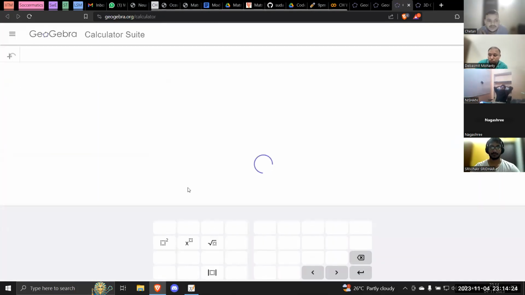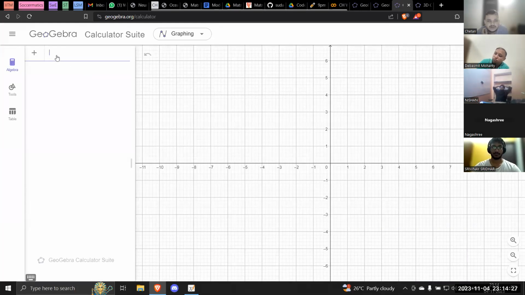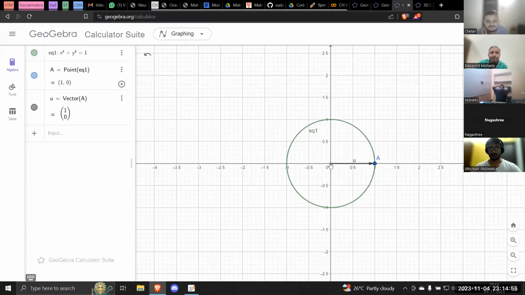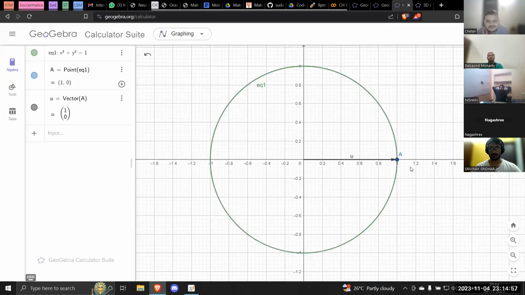Can you do x squared plus y squared equals 1? Right. Can anyone tell me, is this a subspace? Anyone? This is a unit circle.